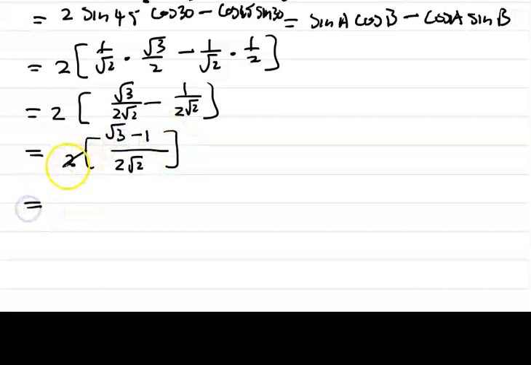Cancel the 2 and the 2, left with root 3 minus 1 all over root 2.